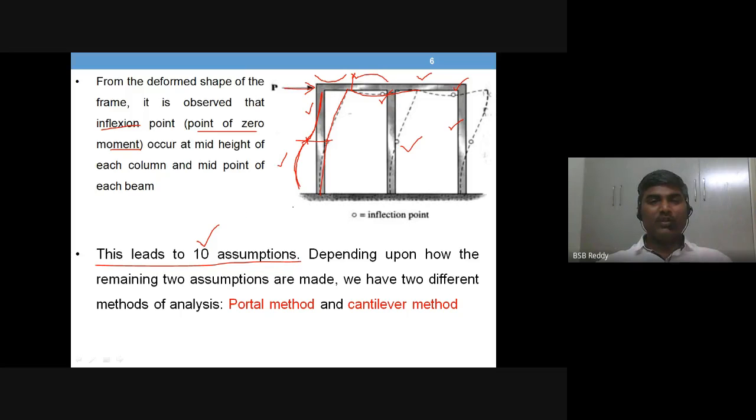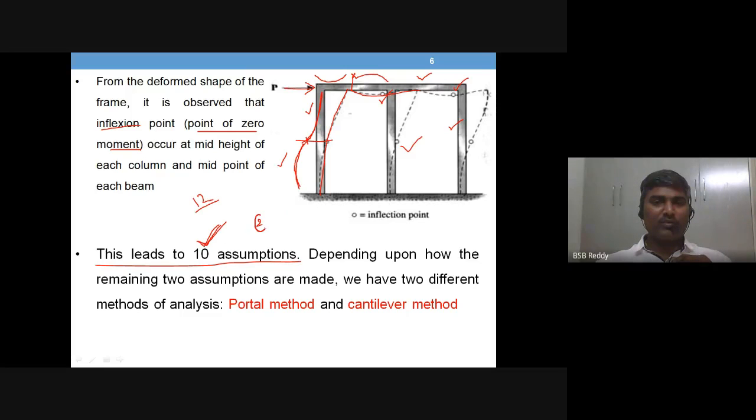That single assumption is giving you, now, a 12 degree of indeterminacy, which means you need 12 equations. With just one assumption you are getting 10 additional equations. So there are two more left.